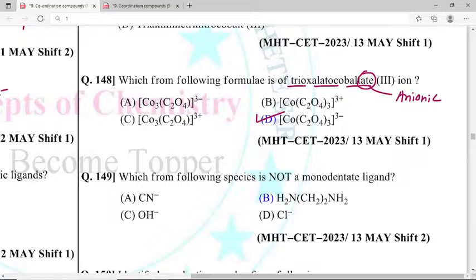So balance using plus 3. Next, I have 3 times C2O4 2 minus, so this is minus 2. Equal to minus 3, so it should become plus 3. Aluminum as plus 3.